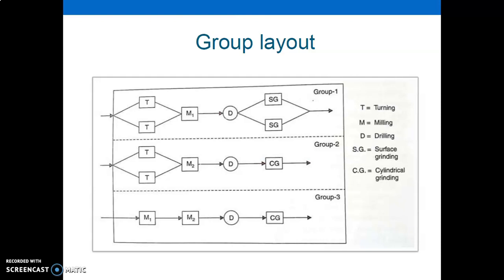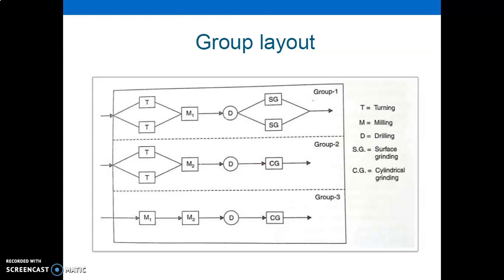So we have arranged the machines in such a way that the workpiece moves only in this way. We have arranged first the lathe machine, then in the second line the milling machine, then the drilling machine and the surface grinding machine. In group 2 you can see the same arrangement, but here we are using cylindrical grinding, so the last feature is different.